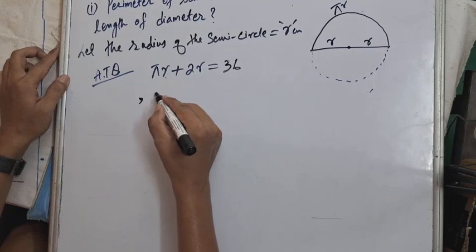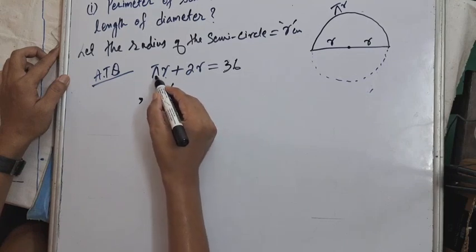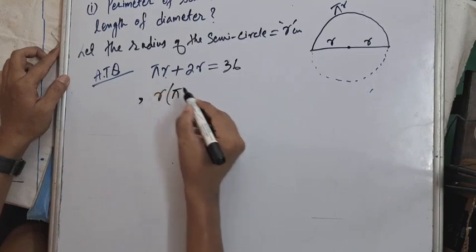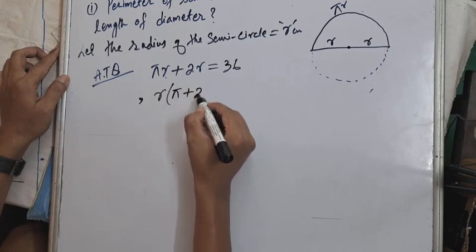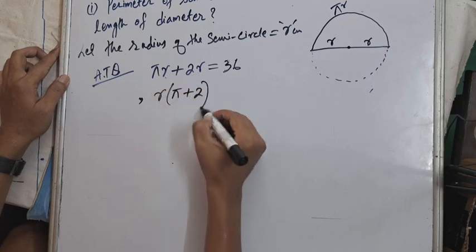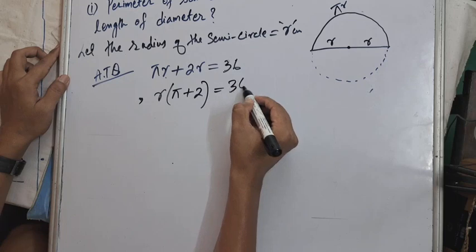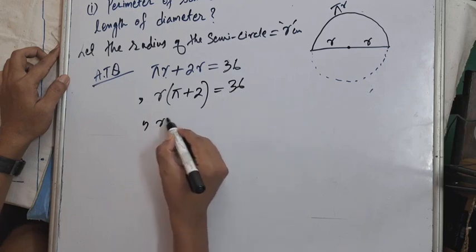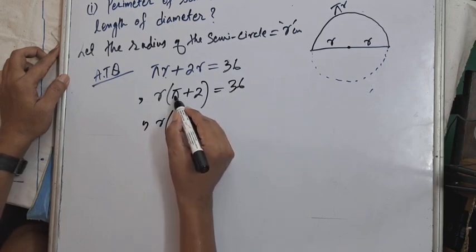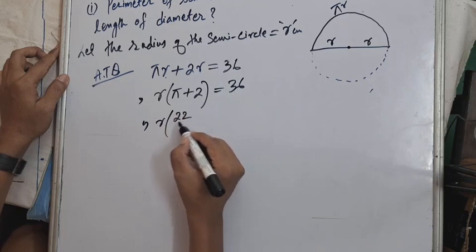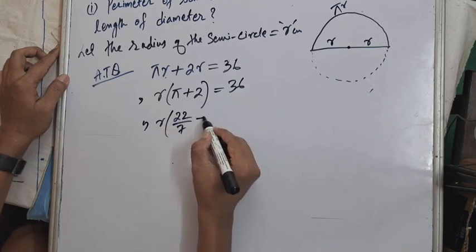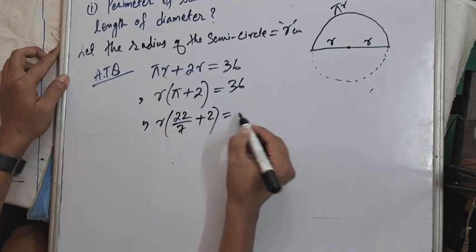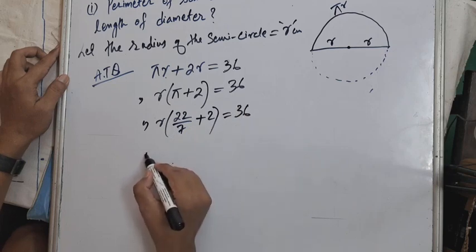Within the bracket we will have pi plus 2, because r is taken common, equal to 36. Let's put the value of pi: 22 upon 7 plus 2 equal to 36.